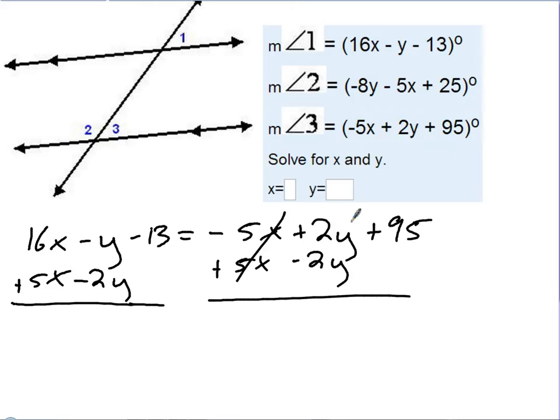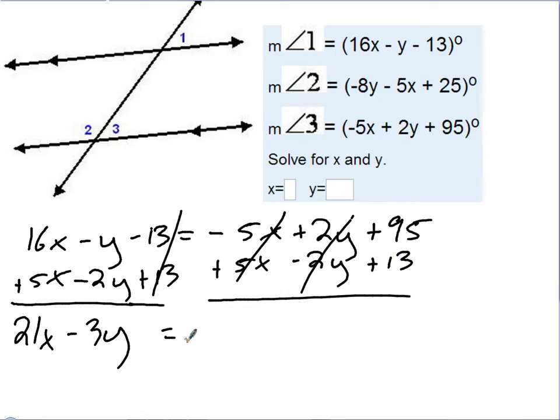So those cancel. 21x minus 3y. Okay, now what about the numbers? Let's go ahead and push those to the other side. You'll see why in just a little bit. So if I add 13 to both sides, 108. Okay, 21x minus 3y equals 108. Good. Okay, so there's one equation.